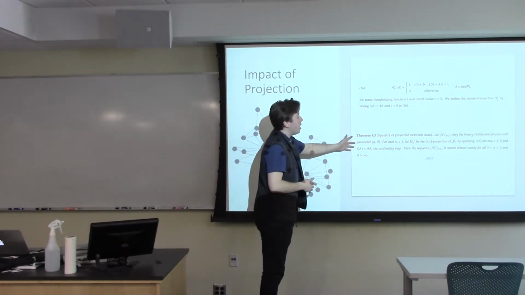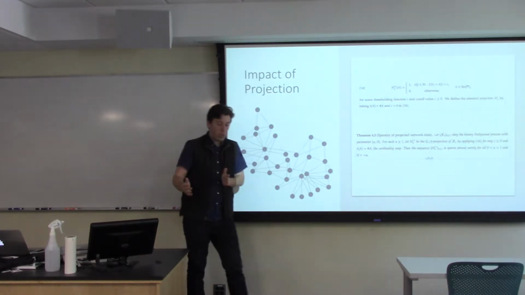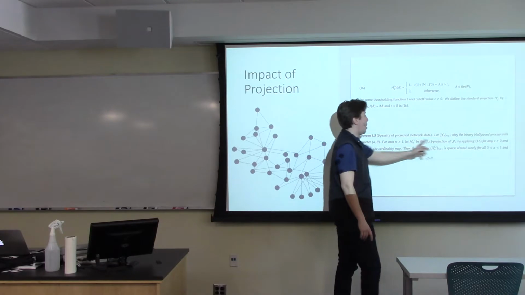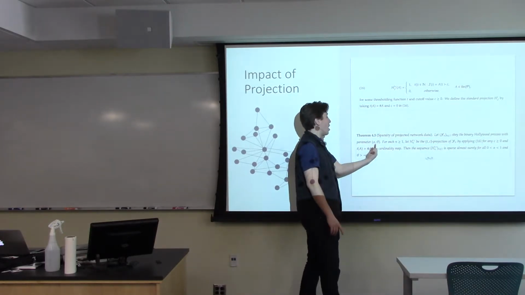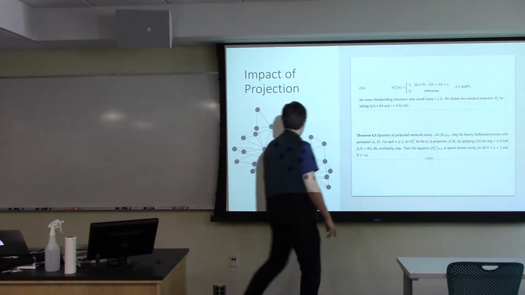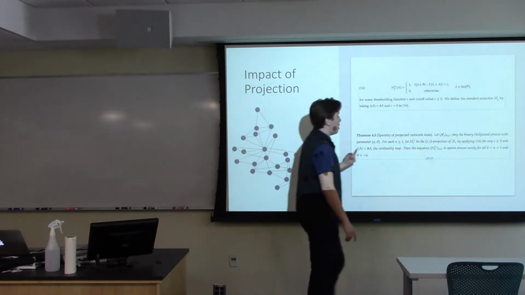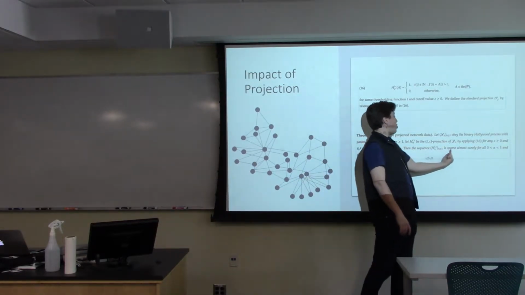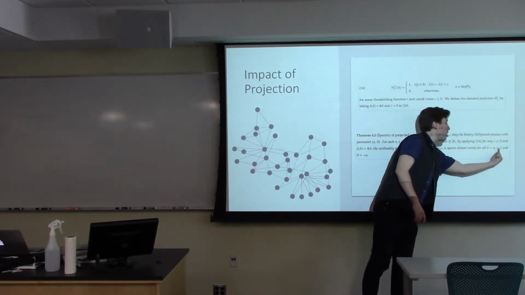And what we show is that if you project, you go from something which could be dense or sparse to always a sparse object. So what we show is that for the binary Hollywood process with parameters alpha and theta, if we do any type of projection, so this one being one example, then the sequence is sparse almost surely for 0 less than alpha less than 1.